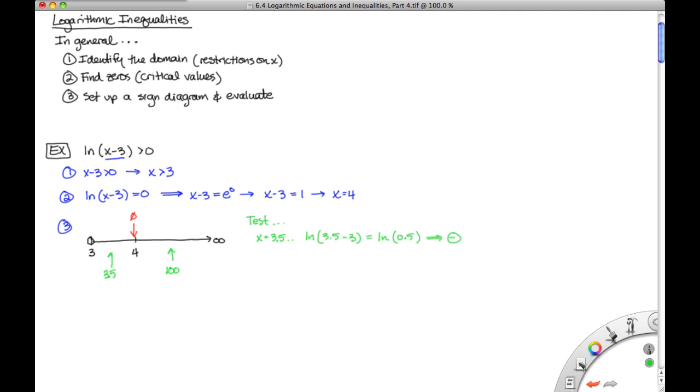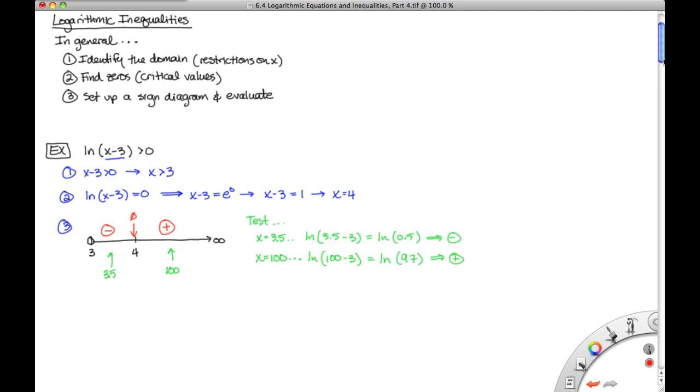We do the same thing with 100. If we plugged 100 in, we'd have the ln of 100 minus 3, which would be the ln of 97, which is going to be a nice, juicy, positive number. And we can throw that information on our sign diagram. So on this interval, our function is going to be negative, and on this interval, our function is going to be positive.